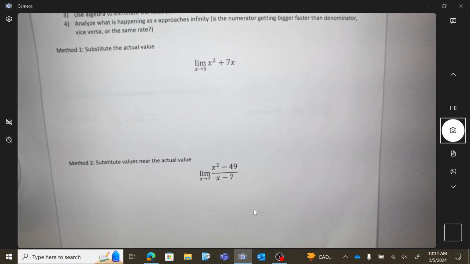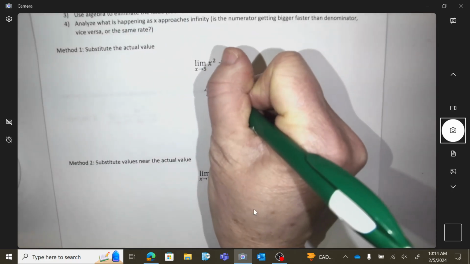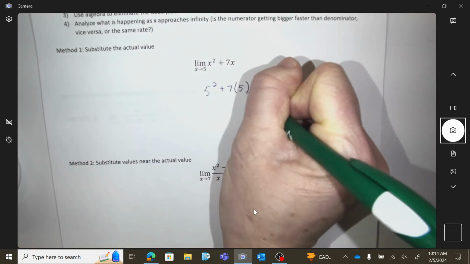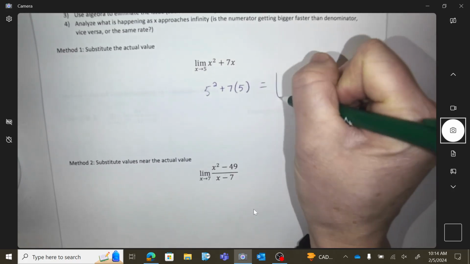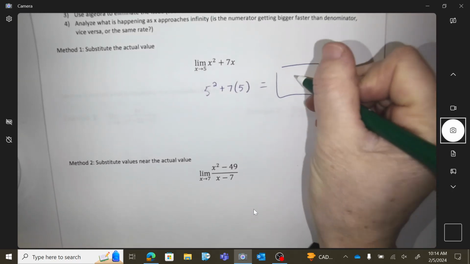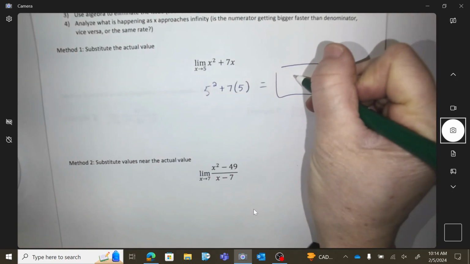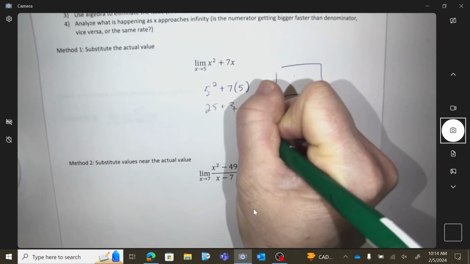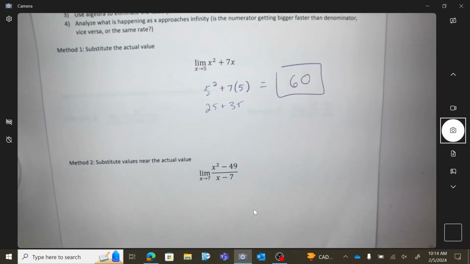So I can just plug the 5 in. And what are we getting? 60?